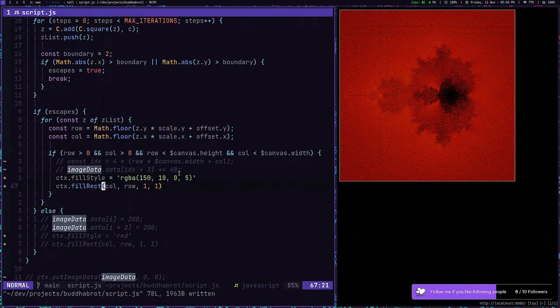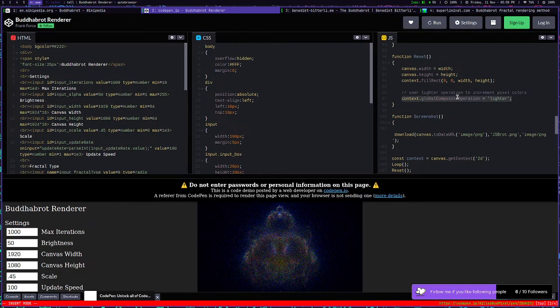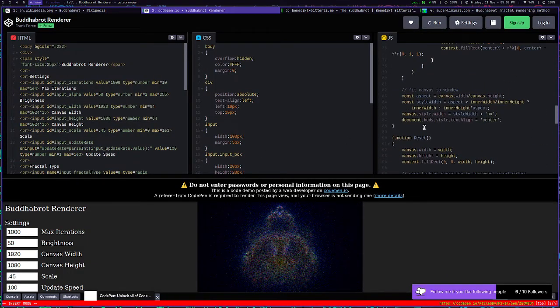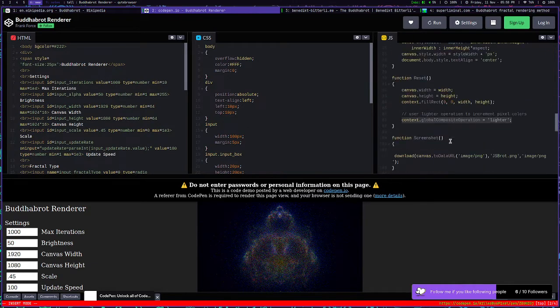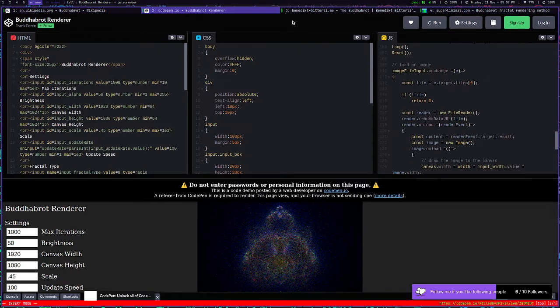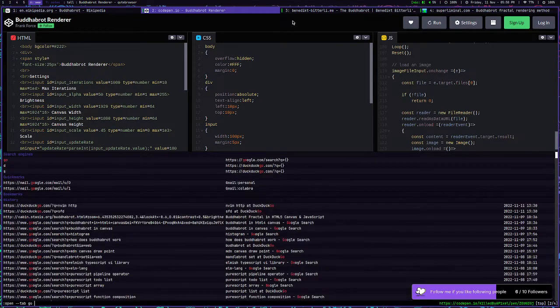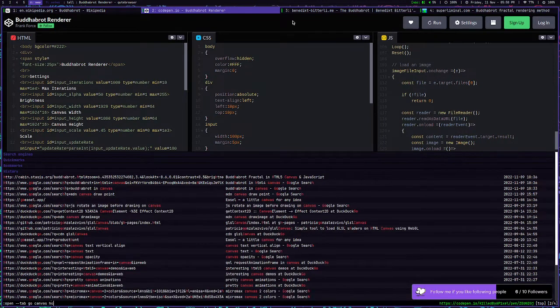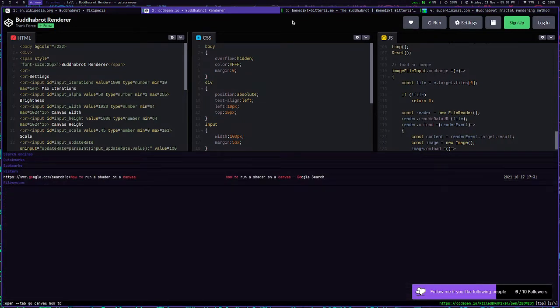All right, fill style. How do we deal with this? We've got a fill rect. Let's see. This guy, I don't understand how this works, but let's just Google. Canvas, how to write over?